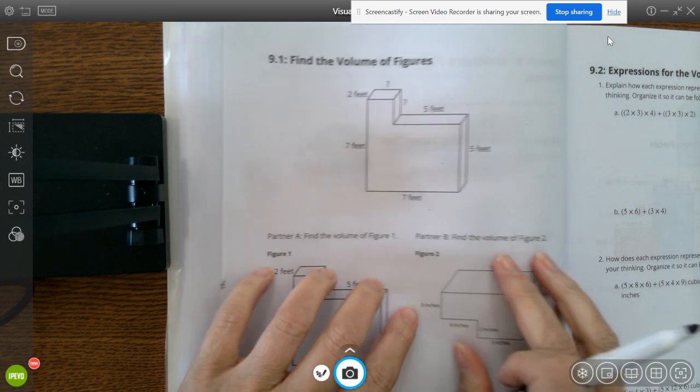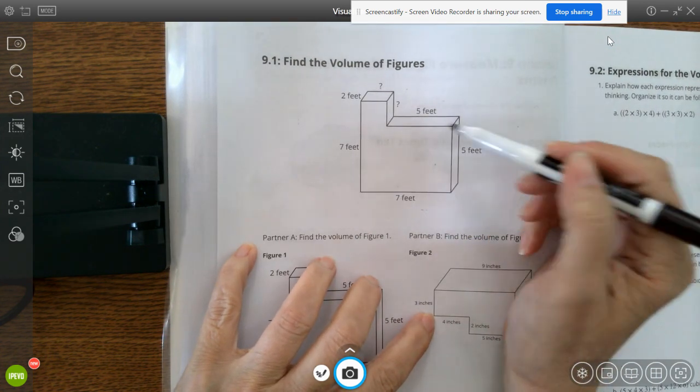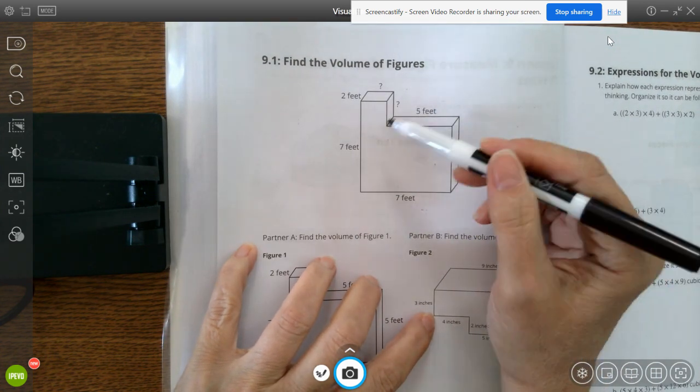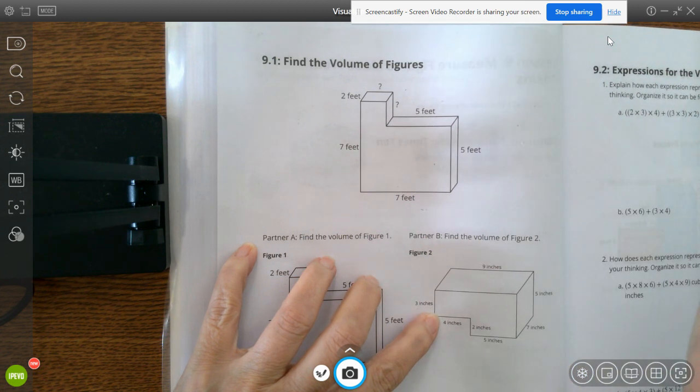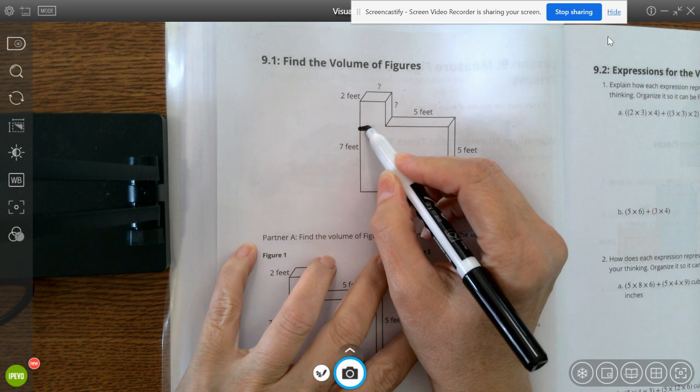So on the first figure, it's composed of two separate squares. There are two places you can break this. I'm going to first break it right here.